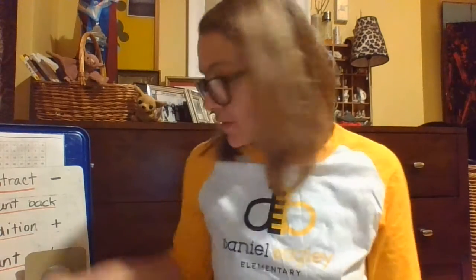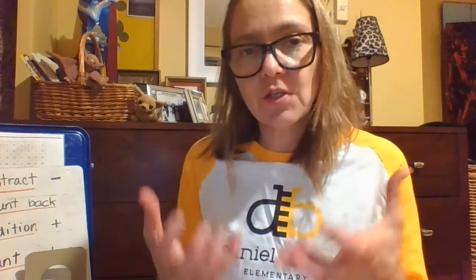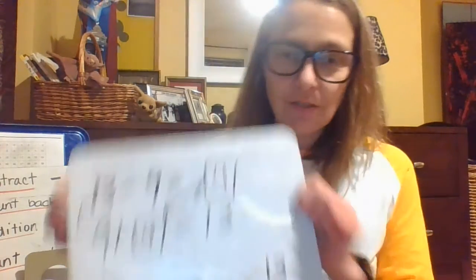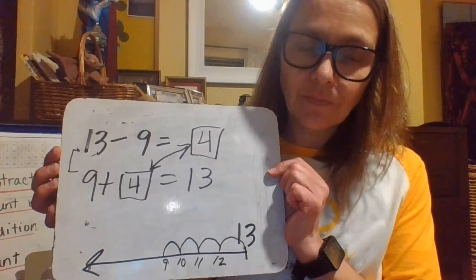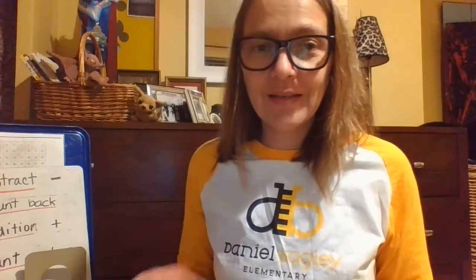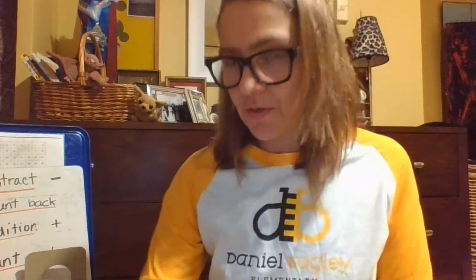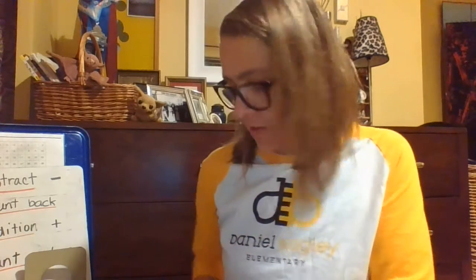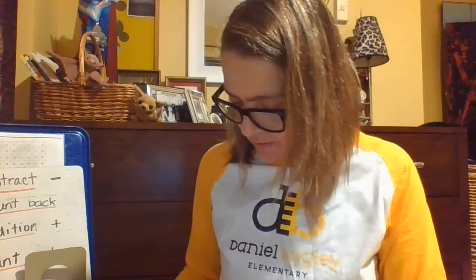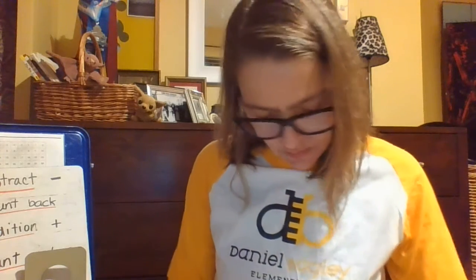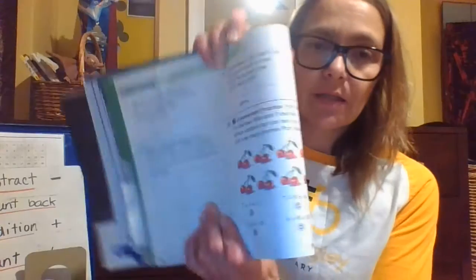For this lesson, you're taking what you learned yesterday and what you learned today, and you're combining them to make sense of the addition and subtraction related equations. When you finish your work, you are working from page 25 to page 28, and it looks like this.